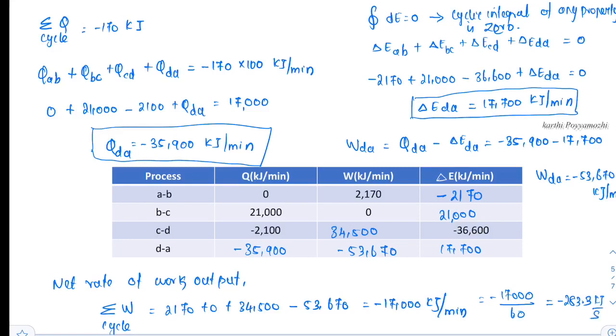Therefore the net rate of work done is W equal to minus 283.3 kilowatt.